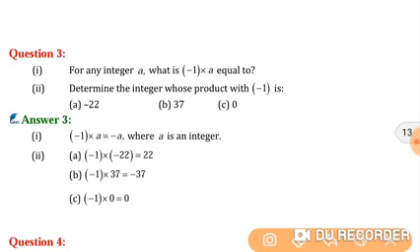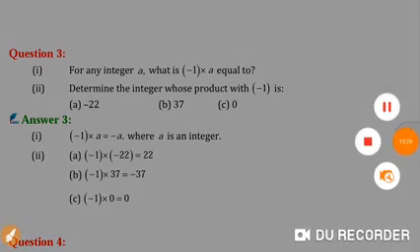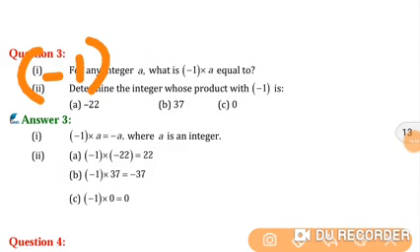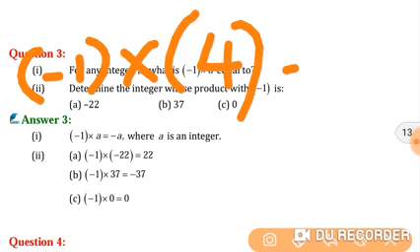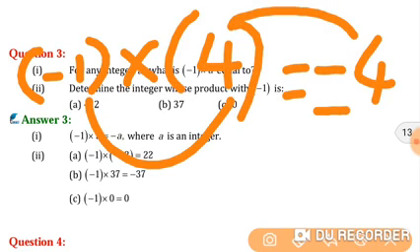So -1 into any integer. Choose 4. So 4 ones are 4, minus as it is. See, that number you got with a negative sign.